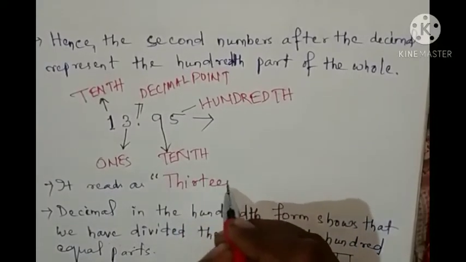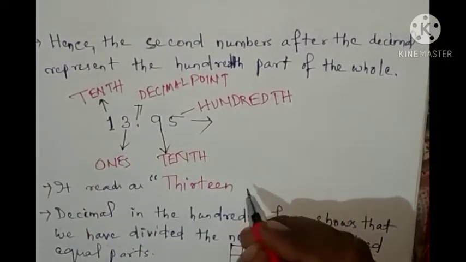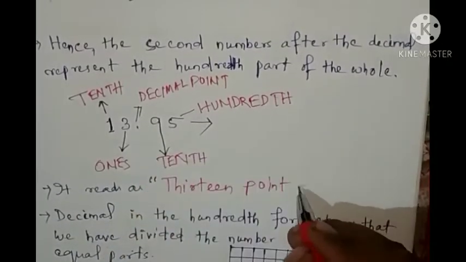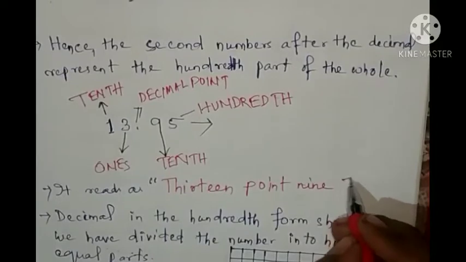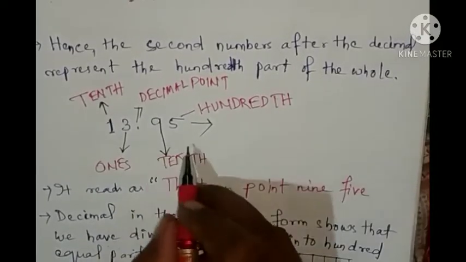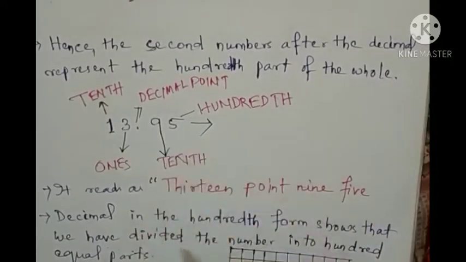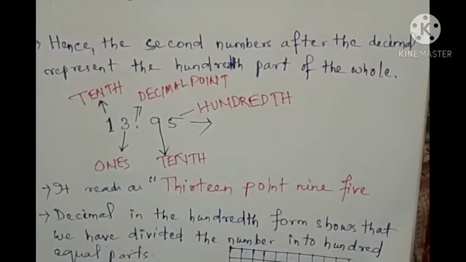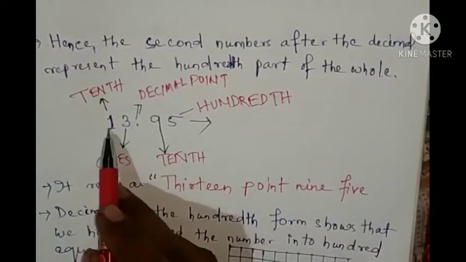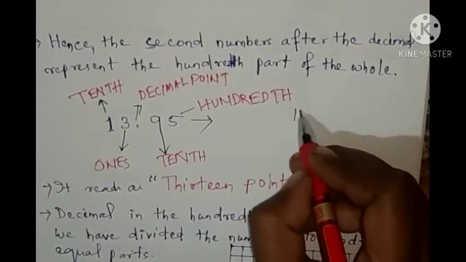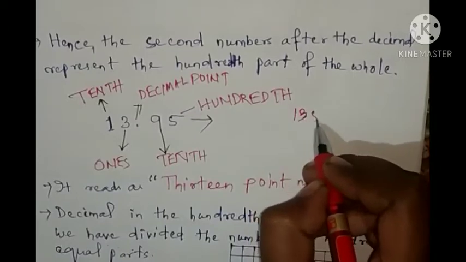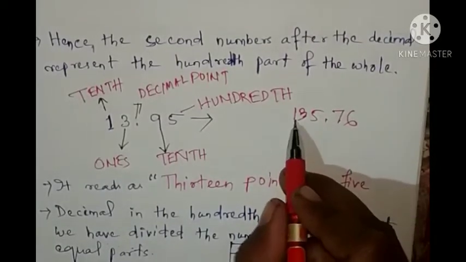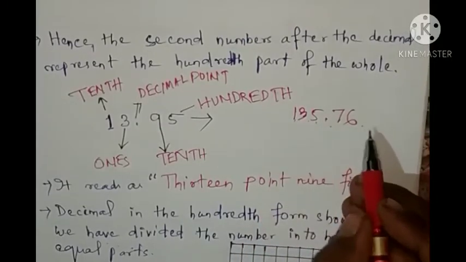How do we read it? We read it as 13 point, then 9 5, not ninety-five. After the decimal, whatever numbers are there, you separate them and read as digits. So 13.95. What will you write? 135.76.